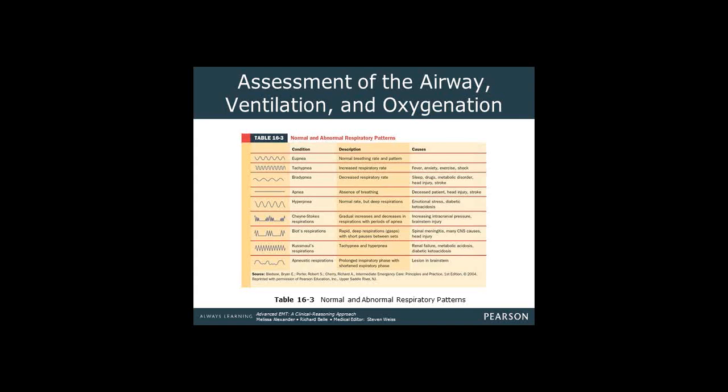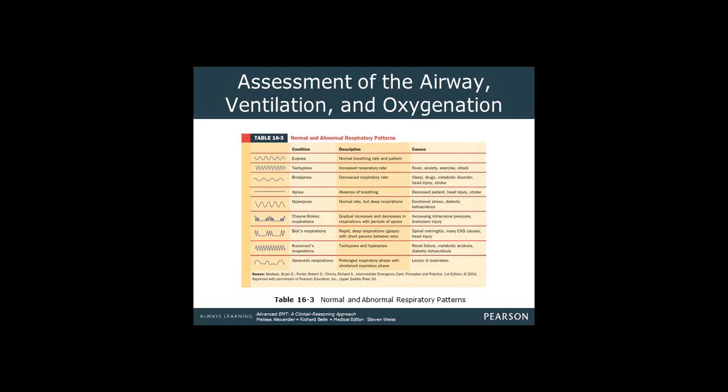Cheyne-Stokes is a very gradual increase and then decrease pattern followed by periods of apnea. Very, very specific to people with brain issues. Biot's is a rapid, deep, so there's kind of a combination there, rapid and deep. So we have tachypnea and hyperpnea, but then with short periods of pauses or apnea in between. Also typically a central nervous system issue.